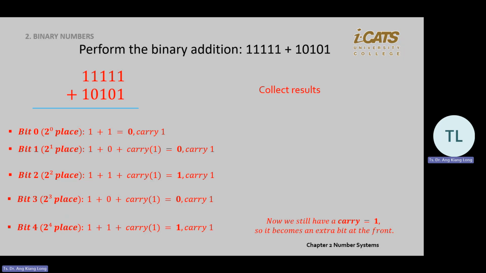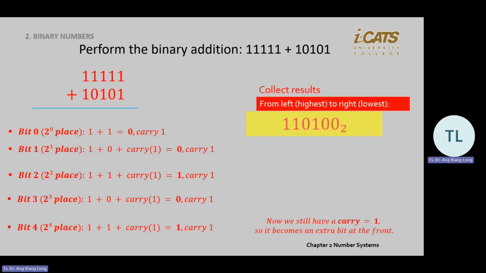Bit 2, the third number, carry equals 1. Then equals 0, equals 1, but carry 1. So the answer will be 110100. This is how you read it. This is the final answer.